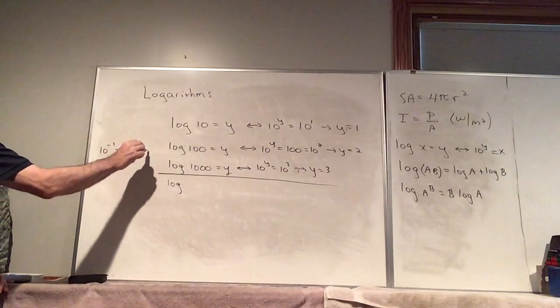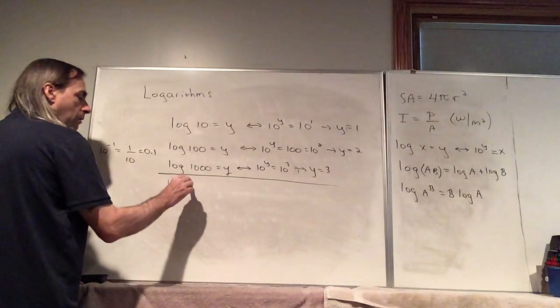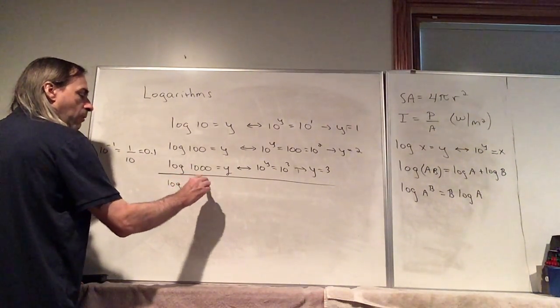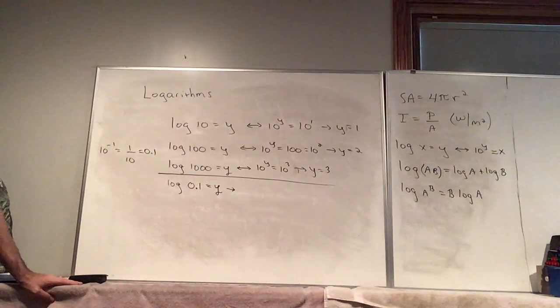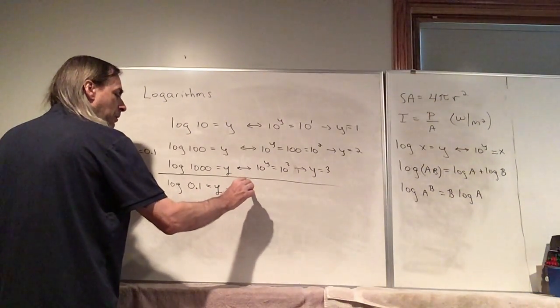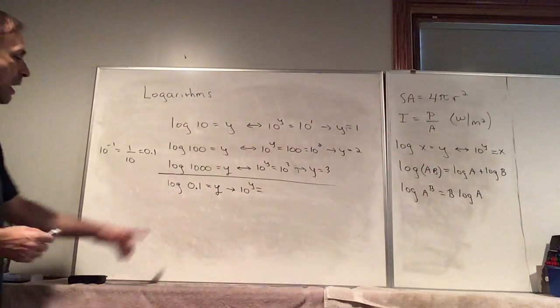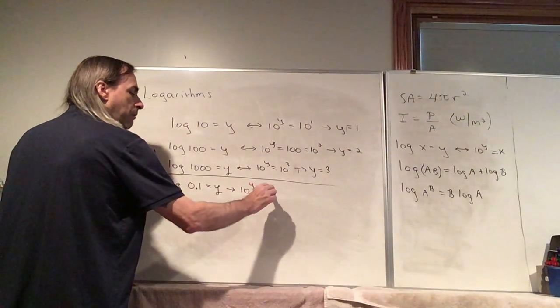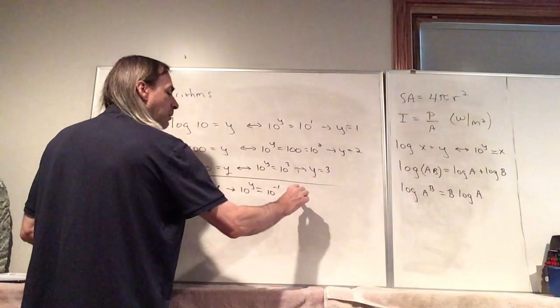That's 1 over 10, which is 0.1. So the logarithm of 0.1 equals y, so we don't know what it is. That means 10 to the y equals 0.1, which we can write as 10 to the negative 1. And so y is negative 1.